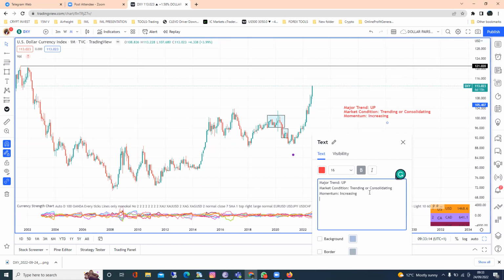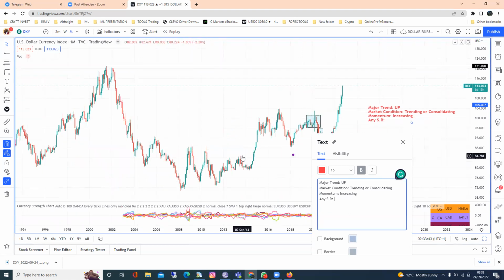And then now you want to look for where you're going to look to buy. Any support or resistance, that is what I mean by that one. If you want to buy, you want to look for areas of support, and if you want to take some profit, you want to look for areas of resistance.